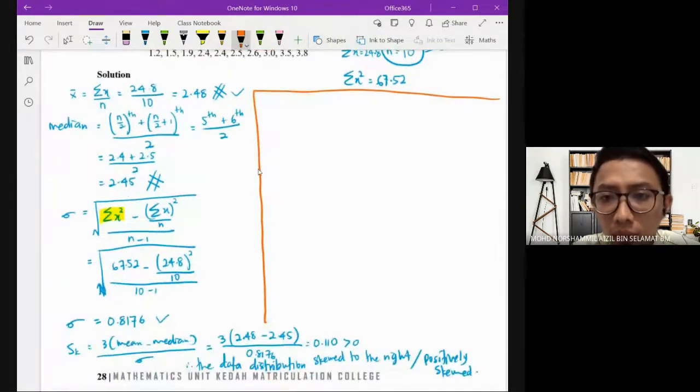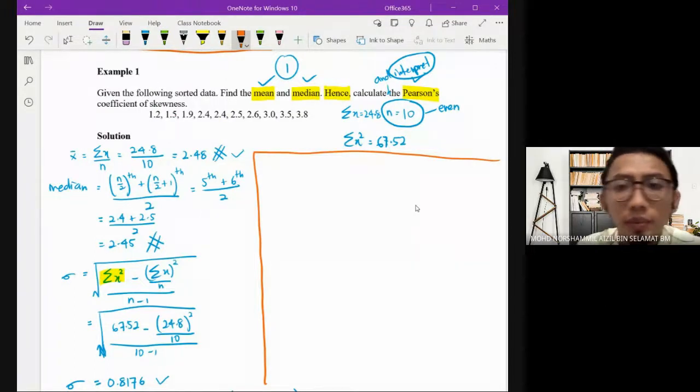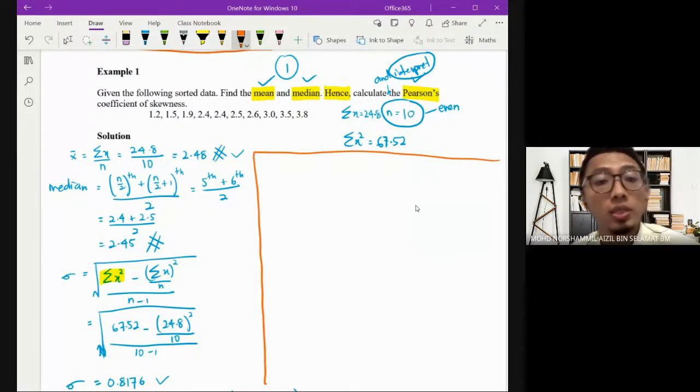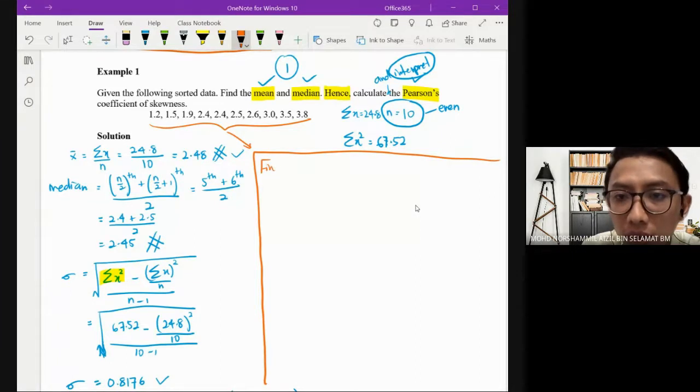Okay. Alright guys, so I still have some space here. I want to modify the question a little bit. Let's say saya masih lagi menggunakan data yang sama. We are still using the similar data. But instead, I'm asking you to find mean and mode.